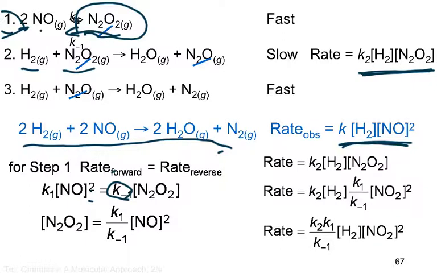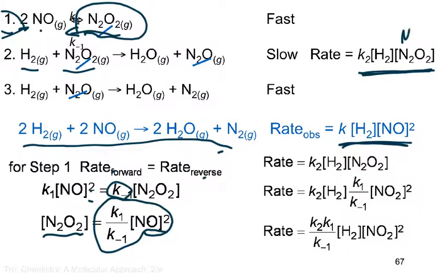So our forward rate is equal to our reverse rate. So we can solve for our concentration of N2O2 using NO squared, which is one of our reactants. So that can be in our overall rate. And so instead of writing N2O2, we're going to plug in NO squared.